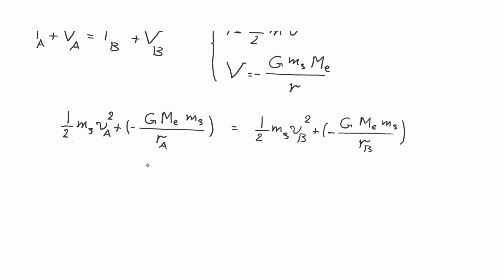I don't need to include the mass of the satellite since it shows up everywhere. Now I can substitute the other values and figure out the relationship between RB and VB.